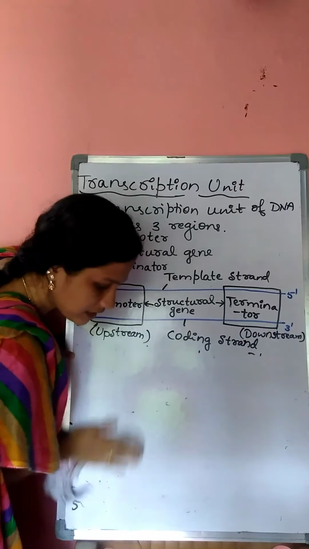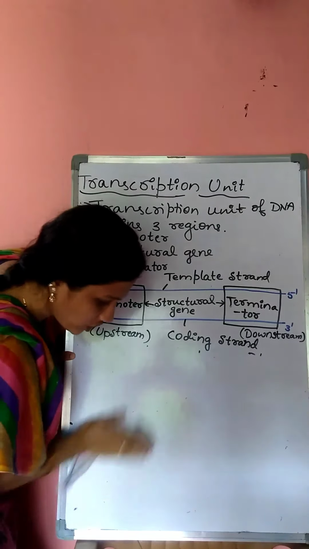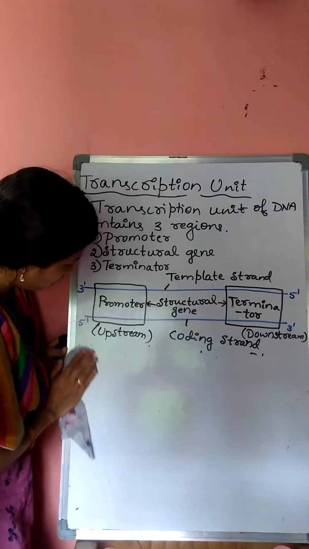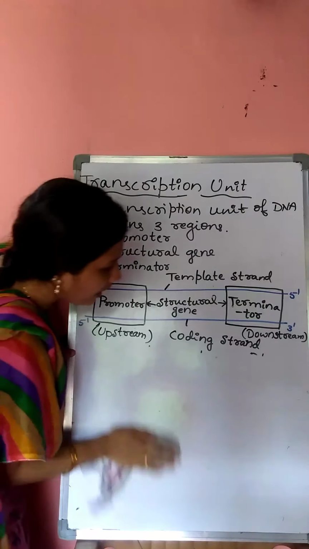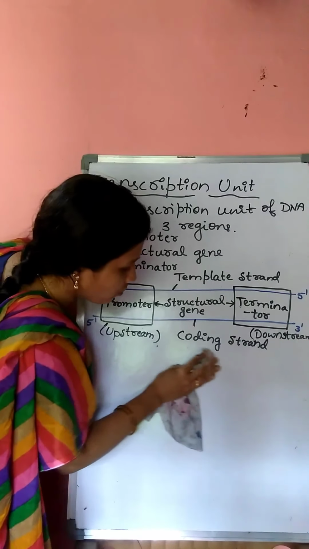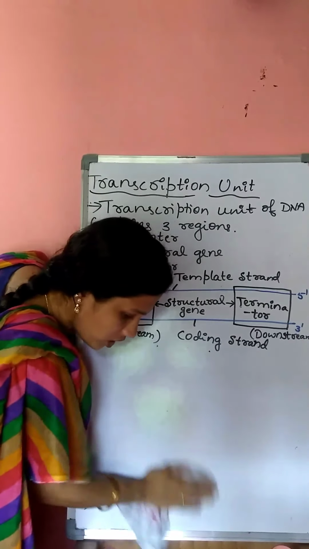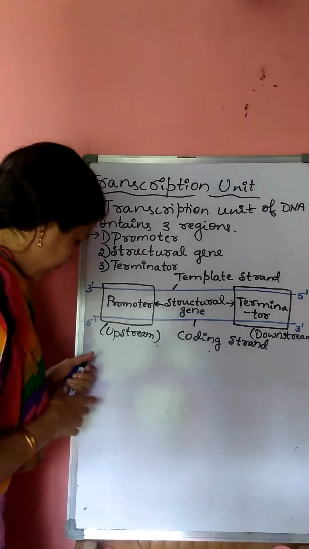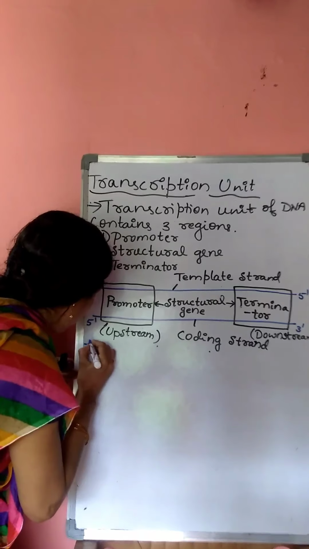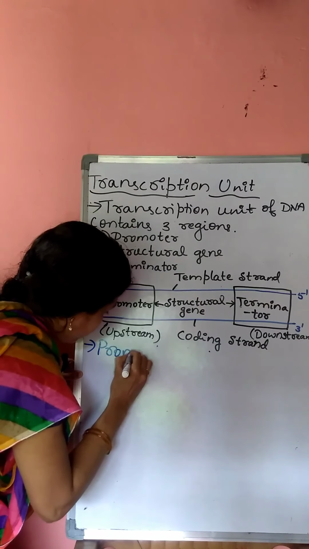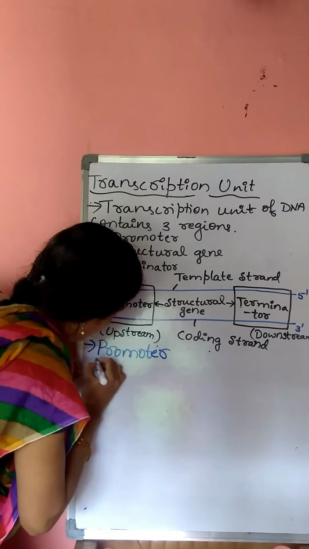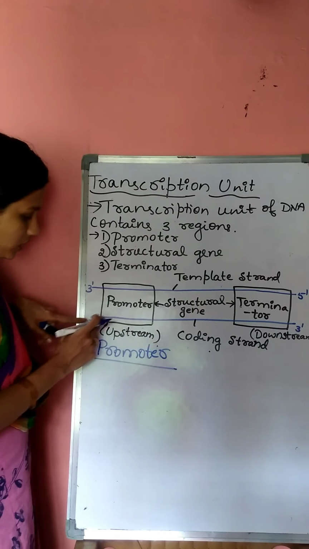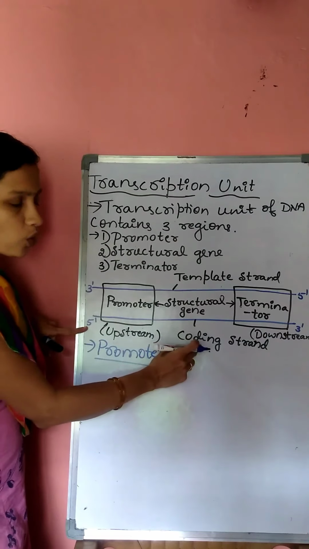Promoter is the site present in the transcription unit, towards the 5' end of the coding strand. Promoter is always present towards the 5' end. See, this is the promoter, and it is present towards the 5' end of the coding strand.